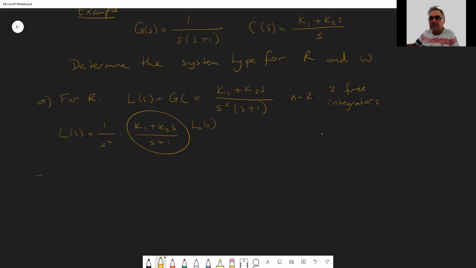The steady state error would be, from our definition, the limit as S goes to 0 of 1 over S to the K times 1 over (1 plus L of S).